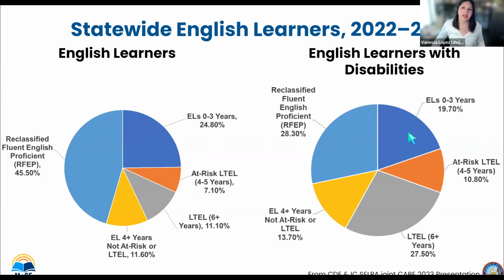These are typically students who enrolled in TK or kinder, first or second grade. So not necessarily that they're 0 to 3-year-olds. Designated ELD? Right. Yes.